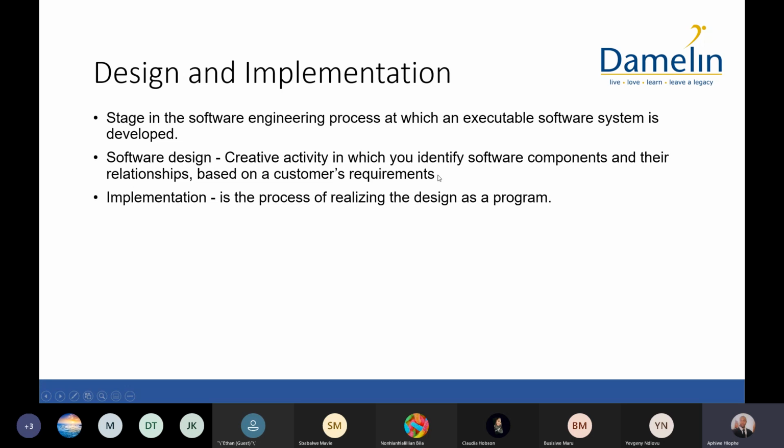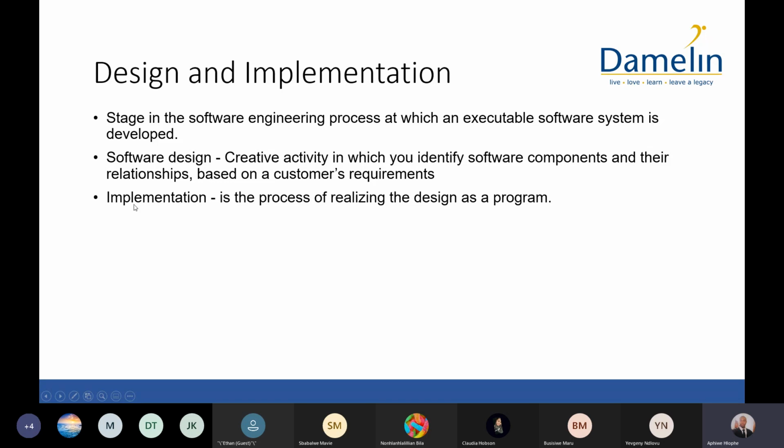So we take what we did in requirements engineering and we get creative and we create visual charts that show how these different objects interact with each other and what kind of relationship they have with each other. Okay, so software design is a creative activity which identifies these software components and their relationships.